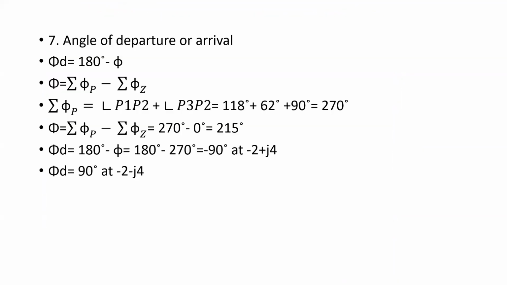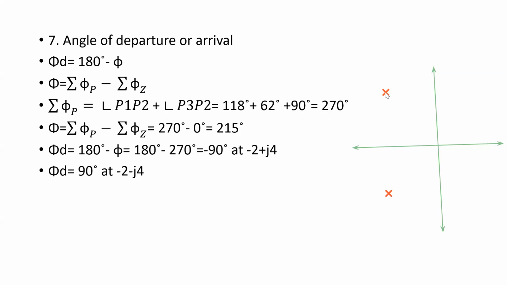With respect to the angle of departure, where will you calculate it? You will have the imaginary axis and the real axis. If I have a pole here, only for a pole do we calculate the angle of departure. Poles have an angle of departure, zeros have an angle of arrival, because the root locus arrives at a zero. From a pole it will depart.